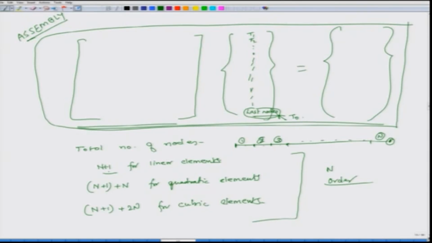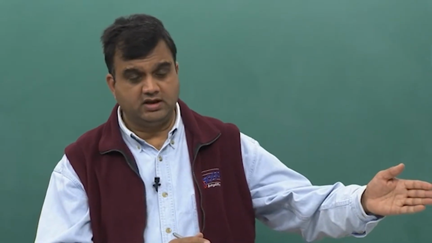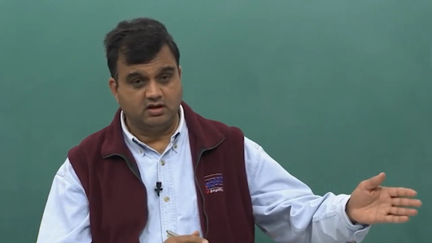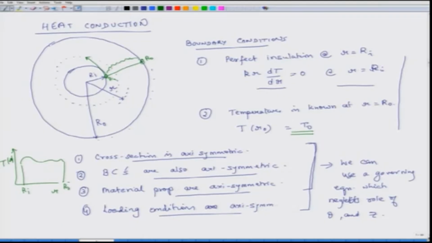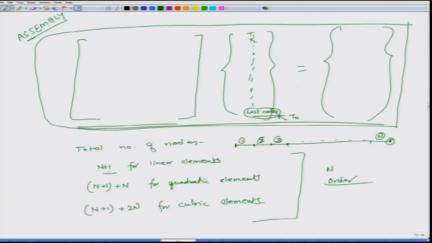Similarly, the other boundary condition was that at the inner radius there is no flow of heat, which means that this mathematical condition has to be prescribed, and that is also done somehow in this set of equations. How we do it, we will learn later. We do something on this side. We will understand that mathematics later.